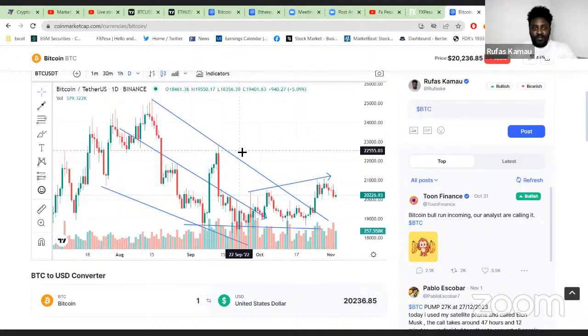So after doing a 75 basis points hike yesterday, how the economy responds in the next inflation report will be very important to how the Fed responds. If inflation significantly slows down, then the Fed might consider pivoting or reducing the amount of basis points that they are hiking every month. And this would basically be bullish for Bitcoin as well as equities.